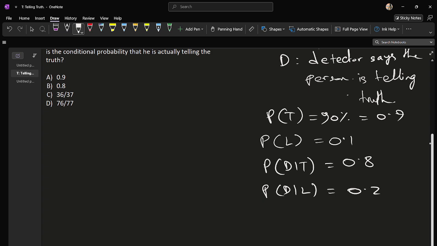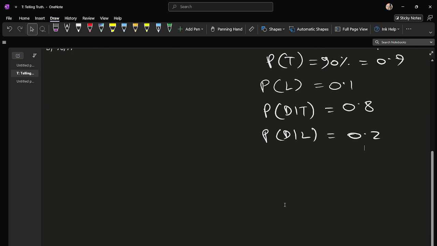That means the lie detector incorrectly identifies lying as truth telling with probability 0.2. Now we want to find P(T given D), that is, the person is telling the truth given that the lie detector says so.